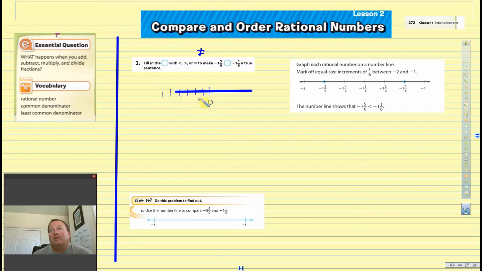Well, just because the 6 appears to be larger, actually we're getting smaller. I'll just call it less than. And as you go to the right, it's more of a greater than.